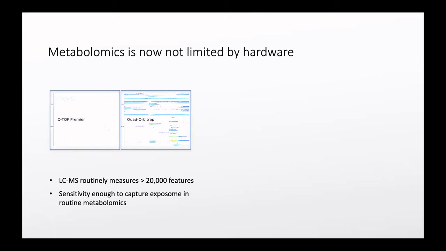We routinely measure more than 20,000 metabolite features in a human tissue. This figure here just shows you that the sensitivity based on instrumentation increased more than 100-fold, over a period of about 5 years.